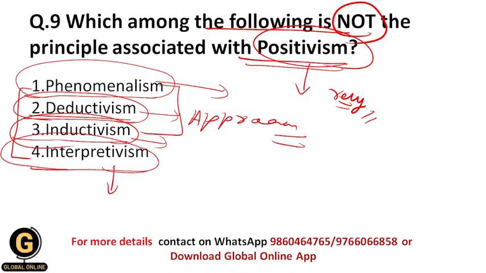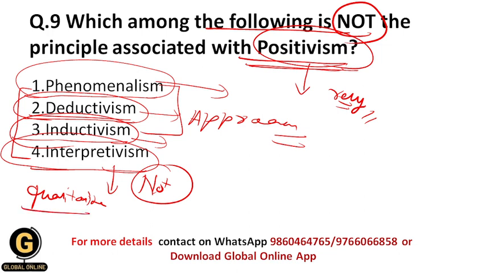But interpretivism is the principle which is not associated with positivism, because interpretivism is associated with qualitative research, and positivism is associated with quantitative research. So this is the bigger difference between them. As well, the strategies here are qualitative, and the research design is as well qualitative, and here the research design should be flexible and unstructured.